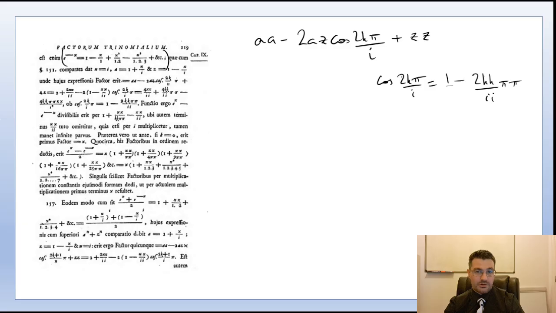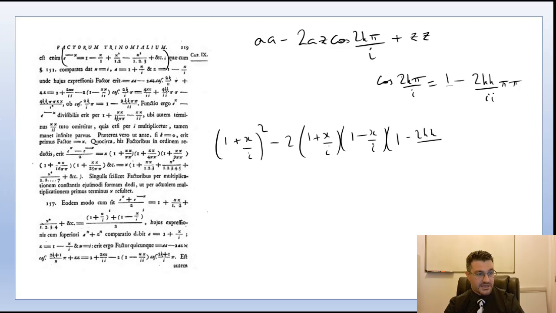So substituting in our values of A and Z and this approximation, then we get (1 plus x over I) squared minus 2(1 plus x over I)(1 minus x over I)(1 minus 2kk over II π) plus (1 minus x over I) squared.